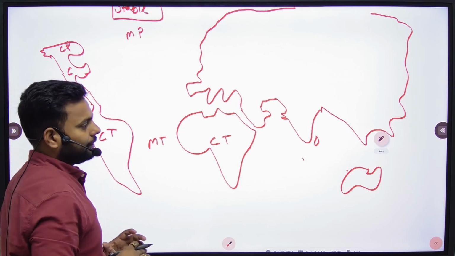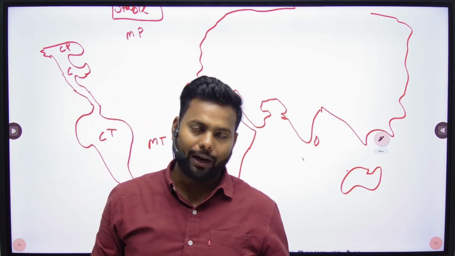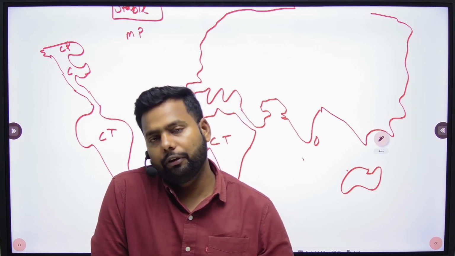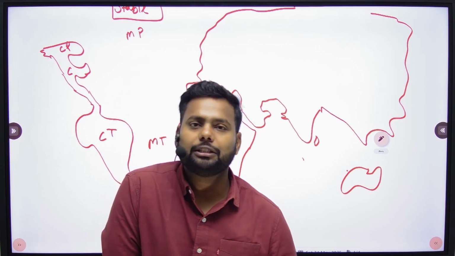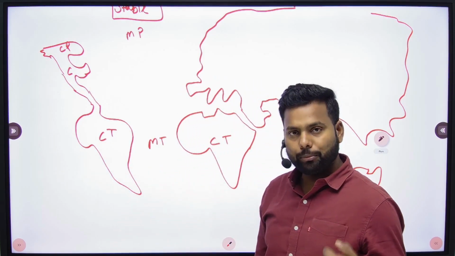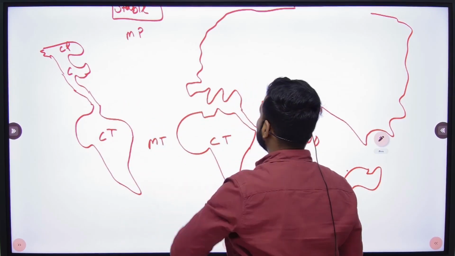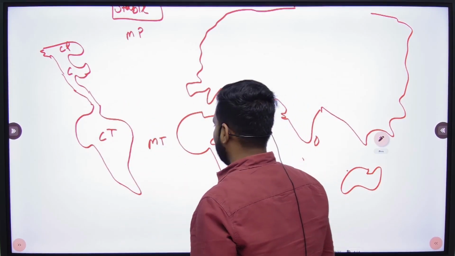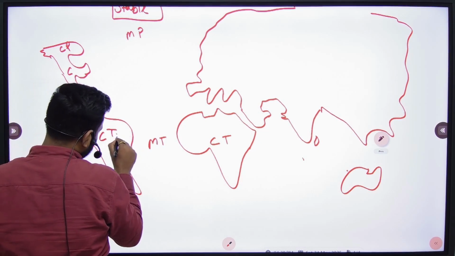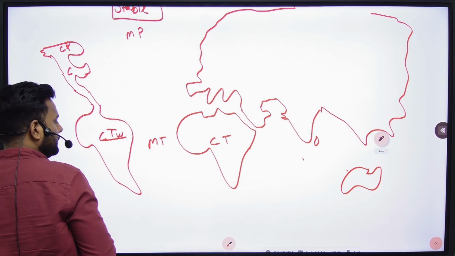The continental tropical air mass is warmer, so you should use these indicators.